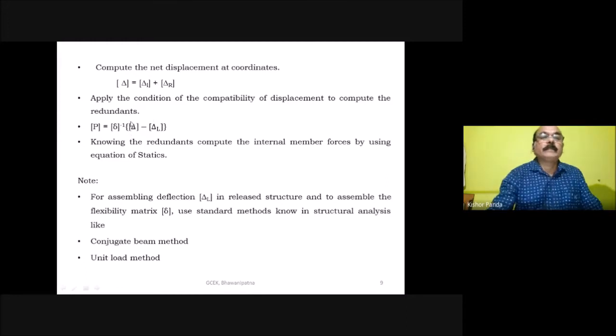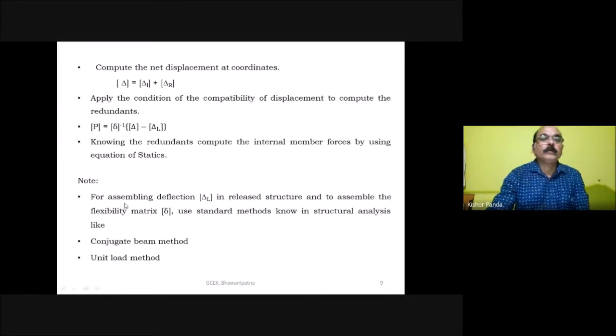If the net displacement is 0, then you put delta equal to 0. So the equation becomes P is equal to delta inverse times minus delta L. Knowing the redundants, compute the internal member forces by using the equations of statics. So after getting the redundant forces, you can find out, using the equations of statics, the bending moment, shear force, everything.